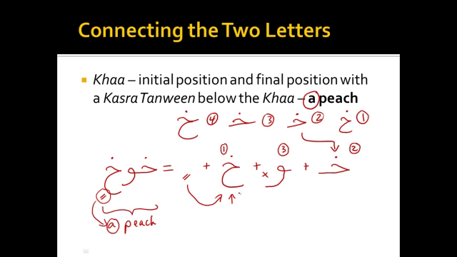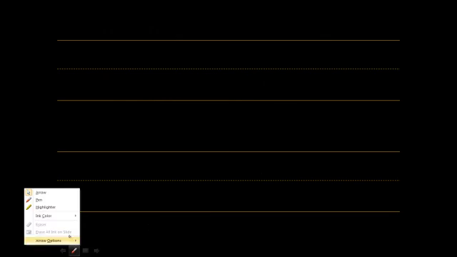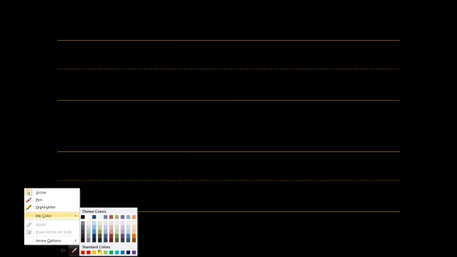Great. Now let's summarize what we've done, or actually write. Before we summarize, we're going to write this word khukhin a few times. Okay. So let's write this like this.